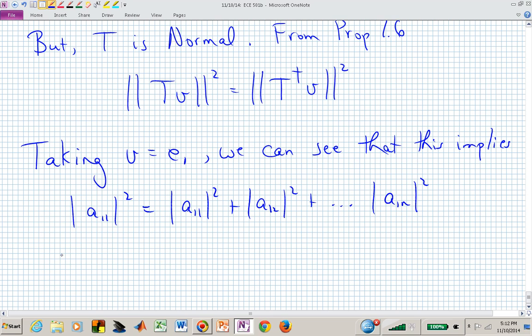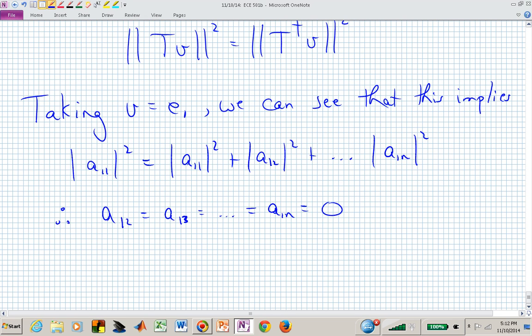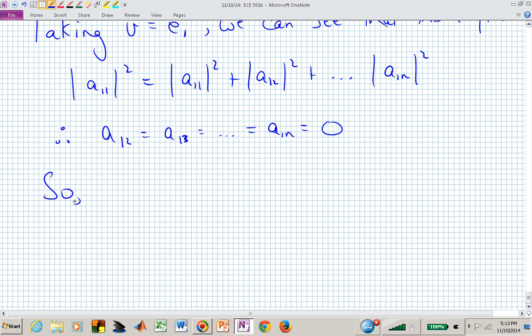If they shouldn't be there, then we're basically saying that all of these off-diagonal terms are 0. And that now says, for the matrix representation of T, the first row needed to just have one element in it, which was the first element, and the column was already zeroed out because it was upper triangular.